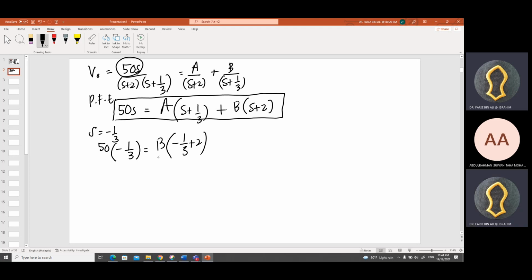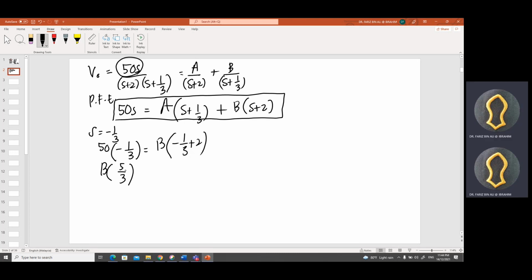Okay, so simplify this. We have B times 5 over 3, because this 2 becomes 6 over 3, and 6 minus 1 is 5. So it is 5 over 3 B equal to minus 50 over 3.